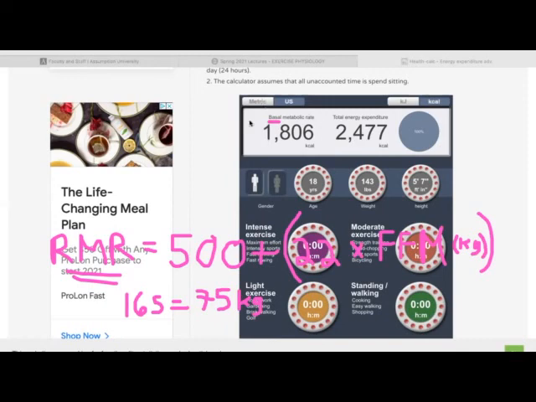This is the amount of energy per day that my body needs for my lung function, my heart, my circadian rhythm in my eyes, any processes beyond rest.